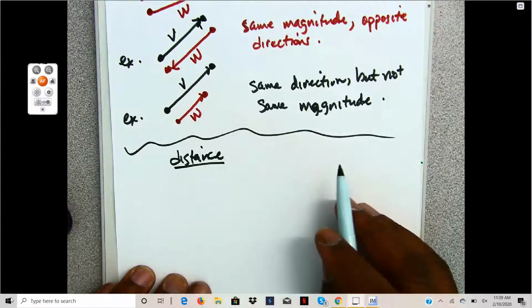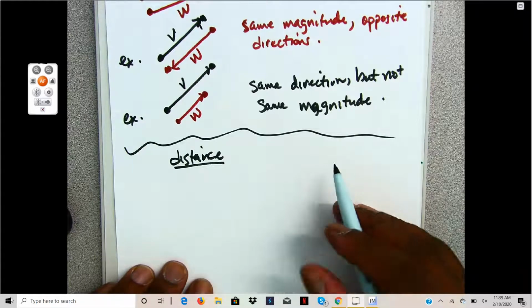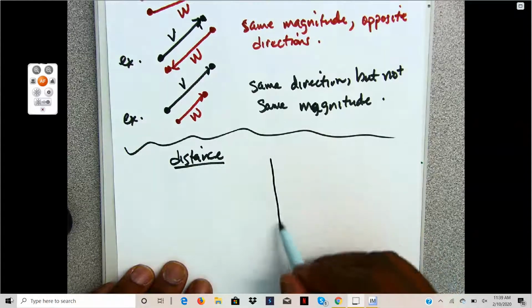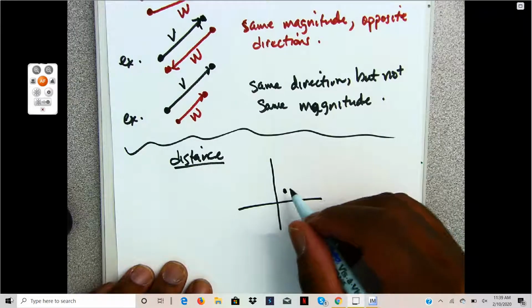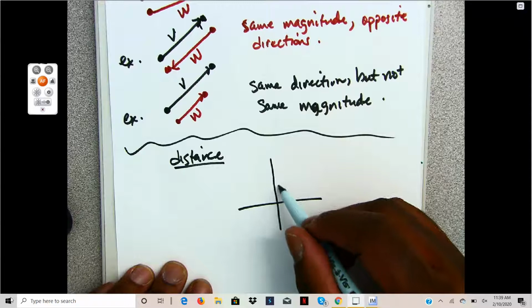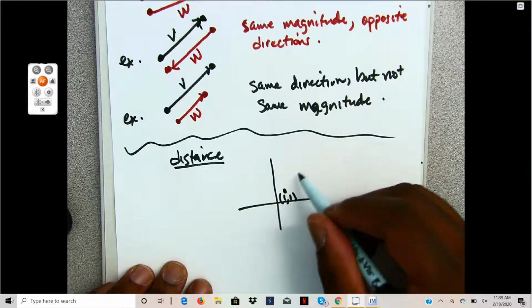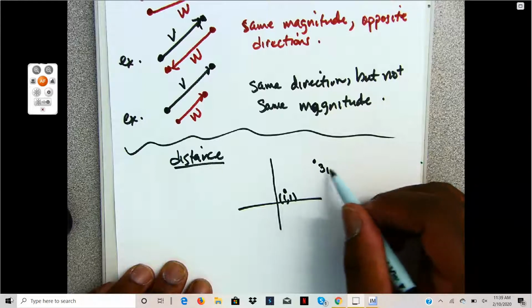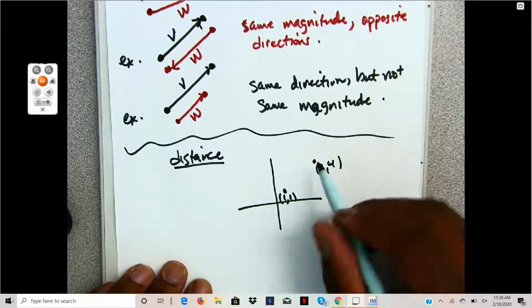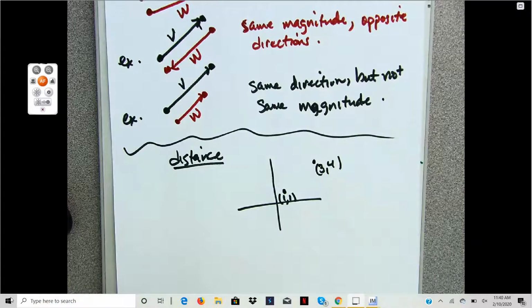You would subtract? Okay, so let's say we had something like this. So we have the point 1, 1, and 3, 4.